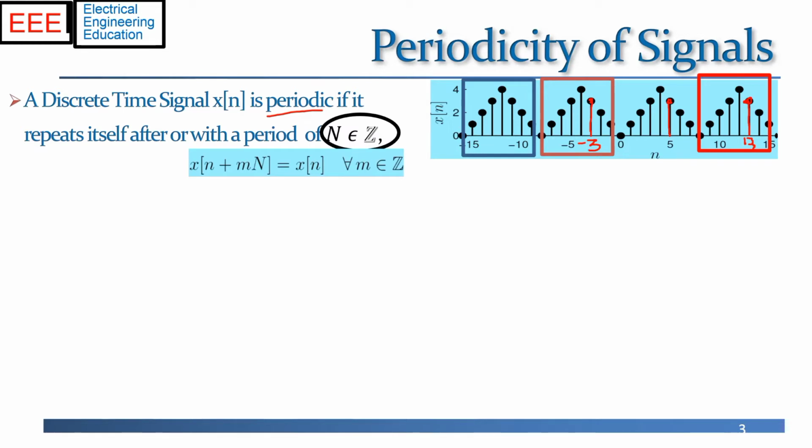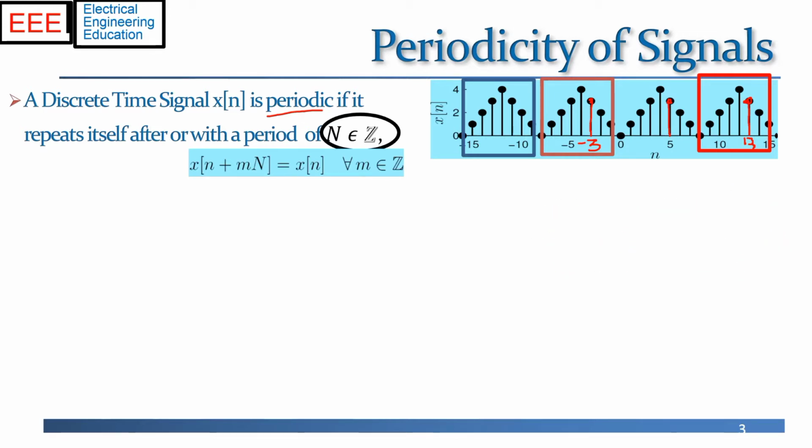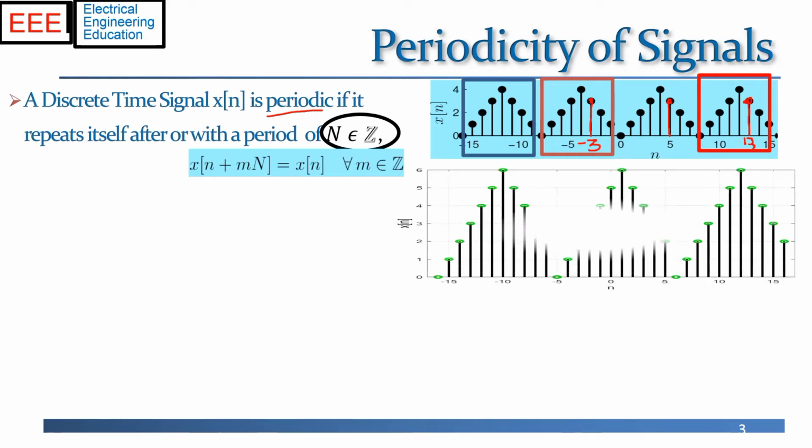So basically we can see that x at point 5, x at point 13, and x at point minus 3 are all equal to each other, and that's how we can work out that the period of this particular signal, that is, the period N, is equal to 8, so this is a periodic signal that repeats with period 8. Two other examples with period 11 are also shown, please see their periodicity.